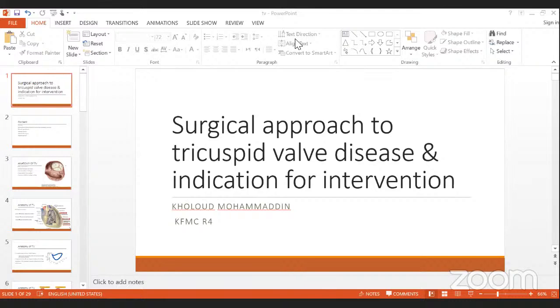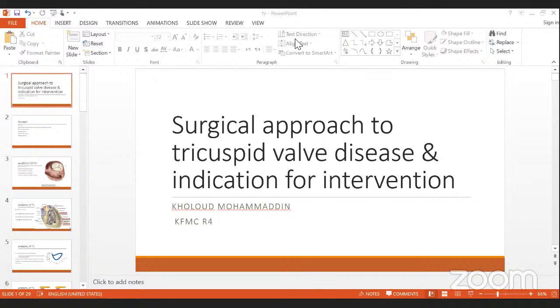You reconstruct that part of the leaflet with the patch, so you sew the patch onto the leaflet itself. I never saw it, but I read about it and saw a video about it. Even when I read about it, they mentioned that it's not widely used nowadays because of different techniques that have arisen, especially the rings.